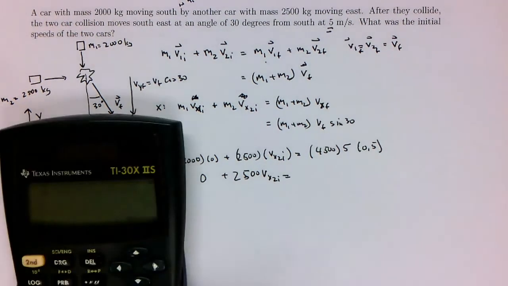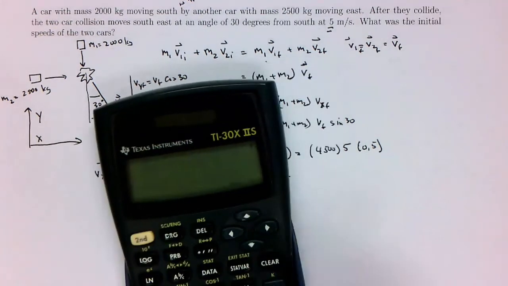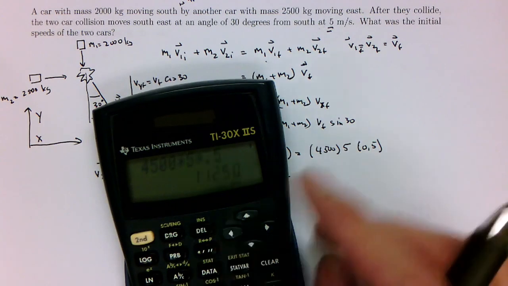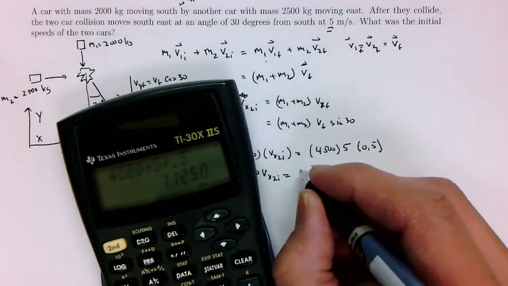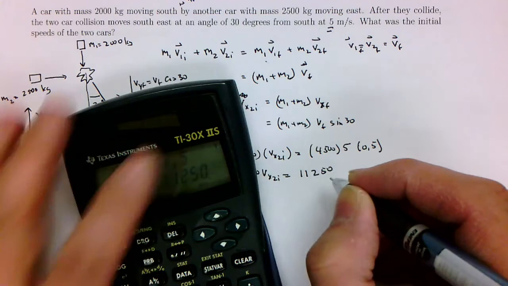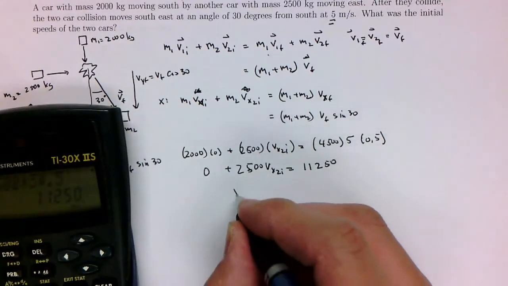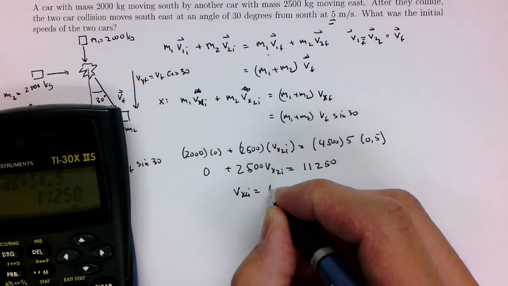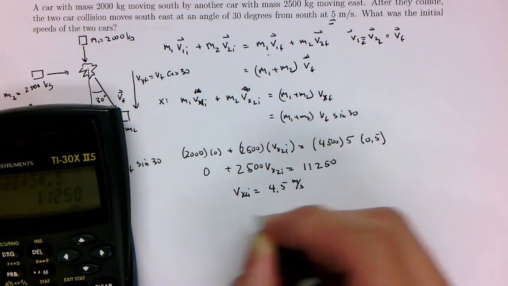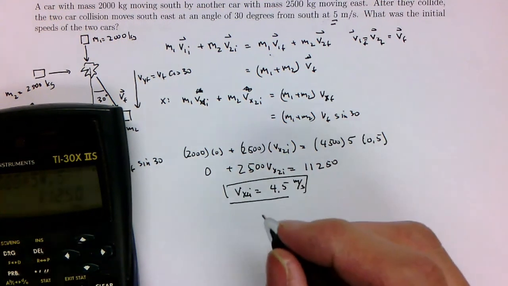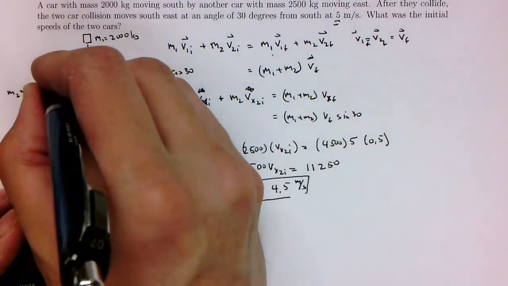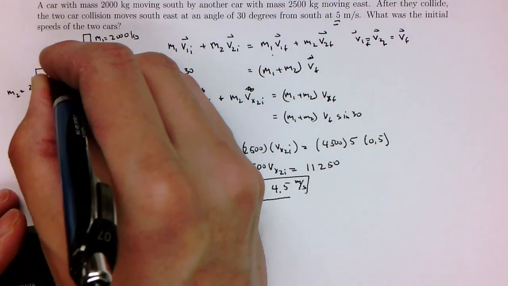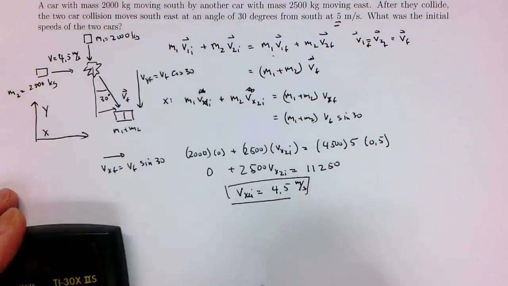Let's plug that into our calculator. 4,500 times 5 times 0.5 is equal to 11,250. Now this is pretty easy to solve. If you plug everything in, Vx2 initial is 4.5 meters per second. And so we know that this car is traveling initially at 4.5 meters per second.